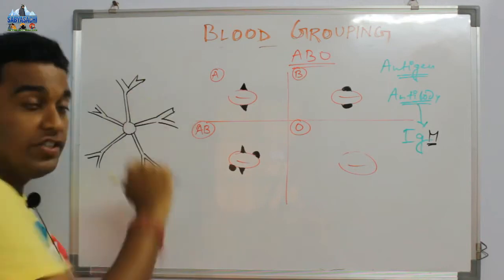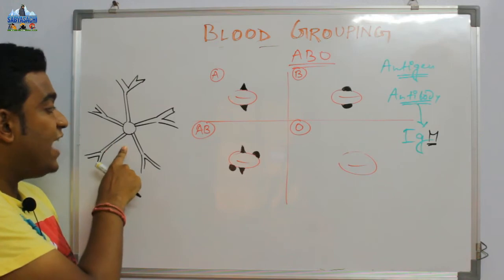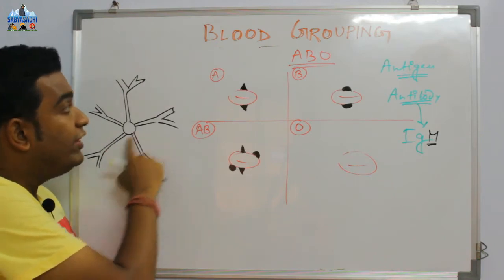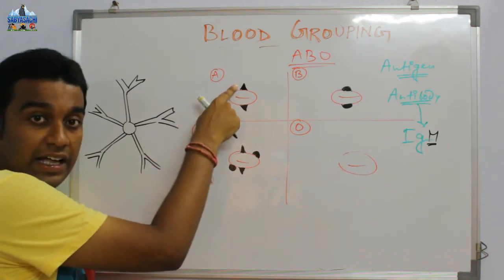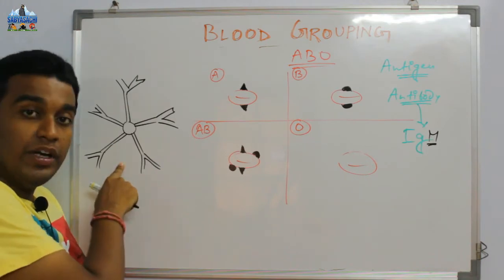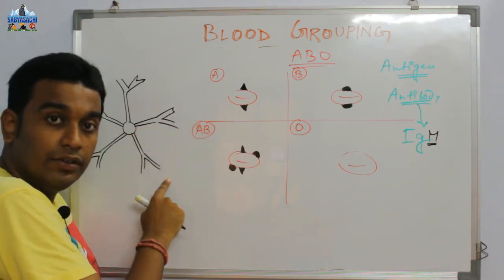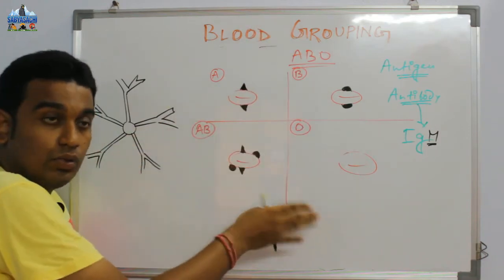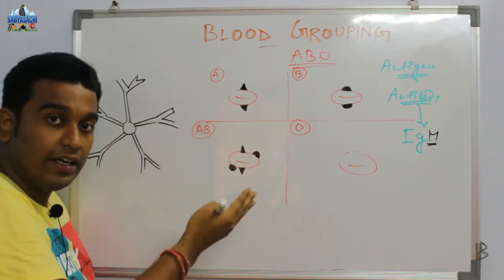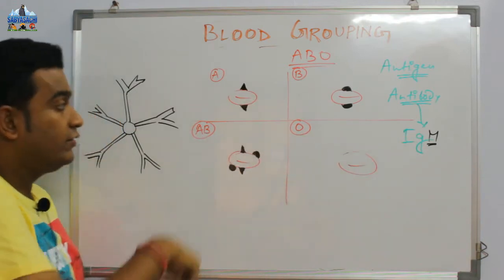So then only the agglutination will take place, right? So if this antibody is to bind with the antigen A, it will have a shape like this. If this antibody is to bind with the antigen B, it will have a shape like this, as per the diagram. So any one of them it will have, right? So that is how the antibody looks. That is how the immunoglobulin M looks. I hope that makes sense.